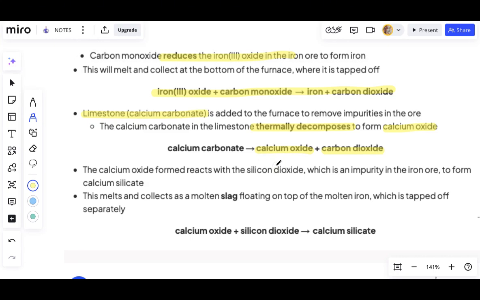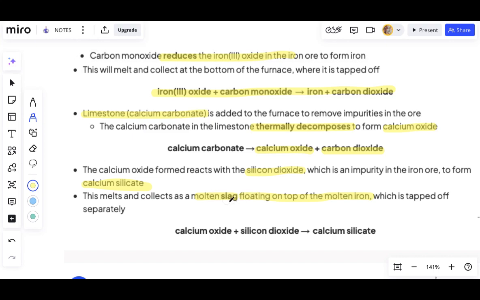The silicon plus oxygen gives silicon dioxide. So this calcium oxide, a basic oxide, reacts with silicon dioxide, which is an acidic oxide, to form calcium silicate. This calcium silicate is a slag. It will melt as a molten slag and float on top of the molten iron. It's less dense than iron.